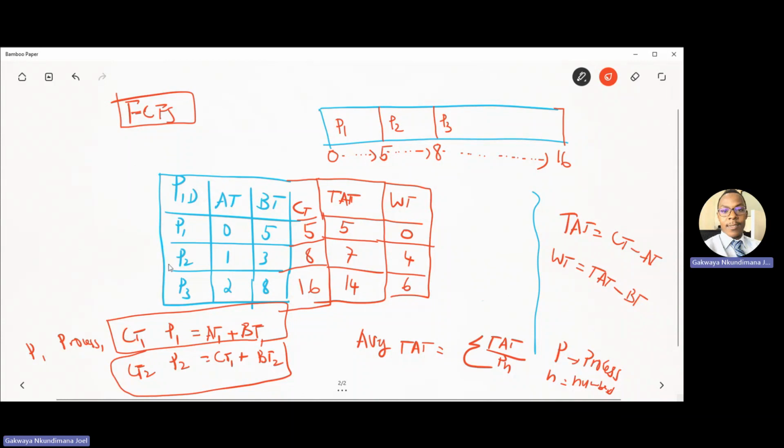For example, here we have 3 processes. Pn, I may say, is P1, P2, P3. You can have any number of them. So how many do we have here? We have 3: 1, 2, 3. We have 3 processes.